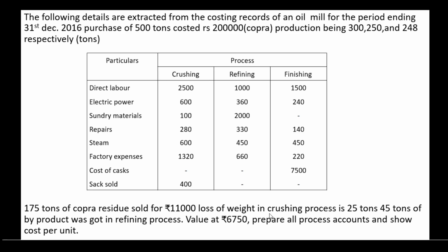Loss of weight in crushing process is 25 tons. 45 tons of byproduct was got in refining process. Value at rupees 6,750. Prepare all process accounts and show cost per unit.